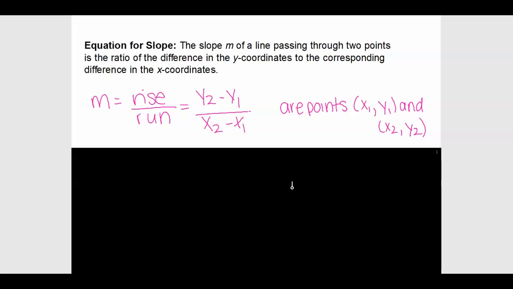So using the idea for the equation of slope, let's find the slope of the lines in those next 3 examples. So using the equation for slope, we can find the slope of the line given any 2 points. So as long as we have 2 points, we can find their slope.